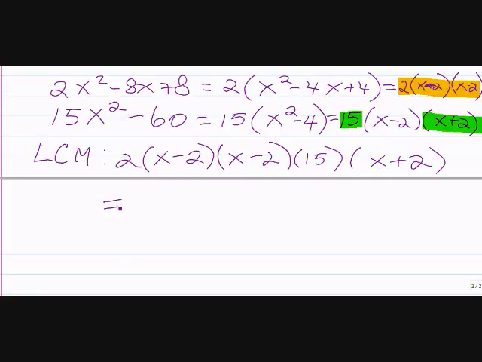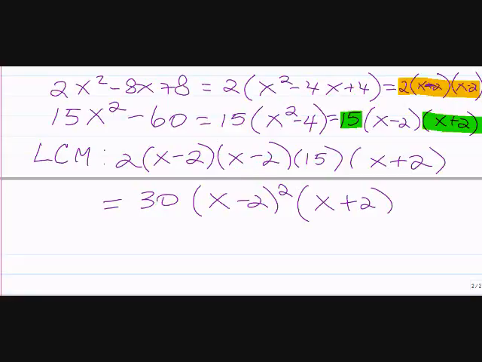Let me simplify this. 2 times 15 is 30. x minus 2 times x minus 2 is x minus 2 squared, times x plus 2. There we go. So I didn't need to repeat that x minus 2, but I did need to repeat it in the first place because there were 2 of them in the first expression. So I needed both the x minus 2s, but I didn't need 3 of them.